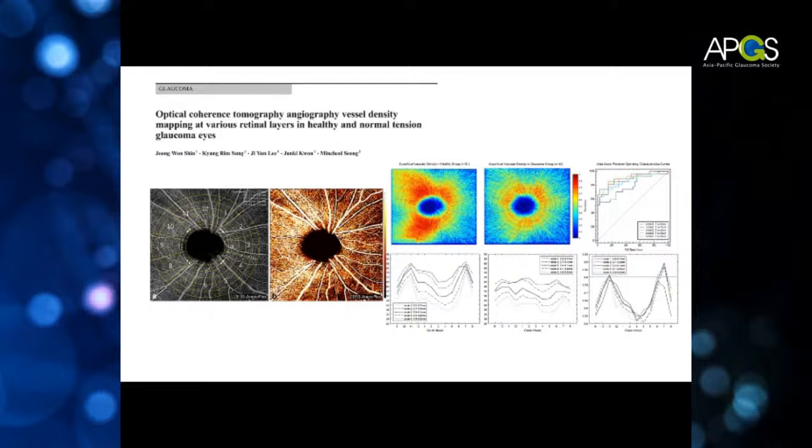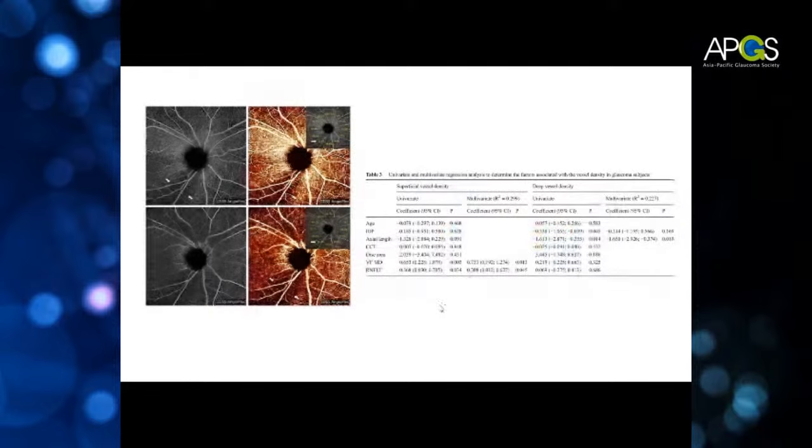So 6 years ago, we investigated the features of peripapillary superficial vessel density, and found it was similar to RNFL thickness, like having two peaks for superior temporal and inferior temporal area. And it becomes greater as it is closer to optic disc margin.